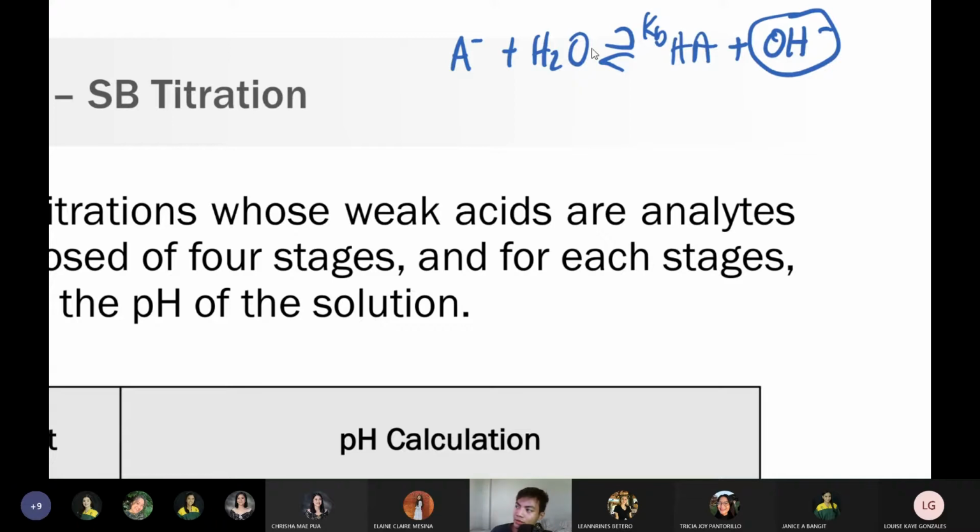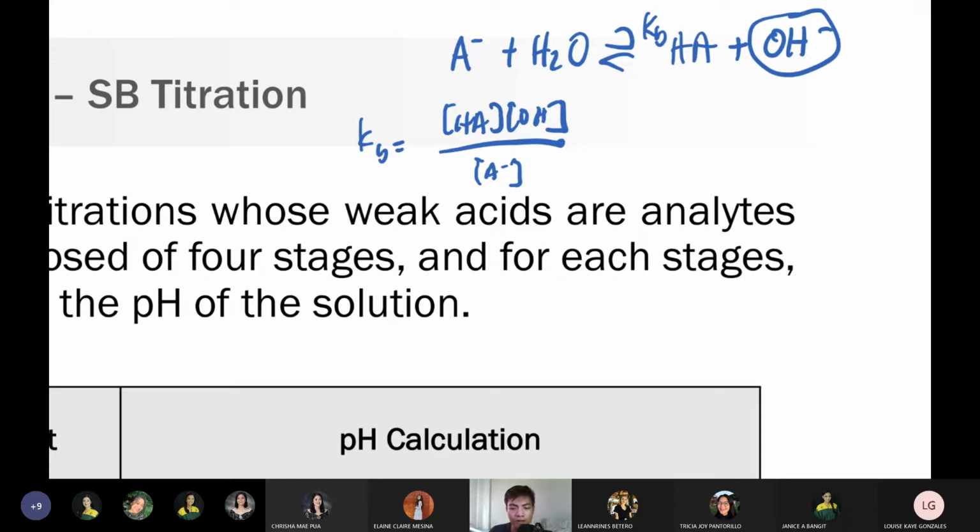So let's write the KB expression for this equation. KB equals concentration HA, OH minus divided by A minus. Yung tubig hindi nilalagay. Bakit? Constant ang concentration ng water. That's always 55.56 molar.